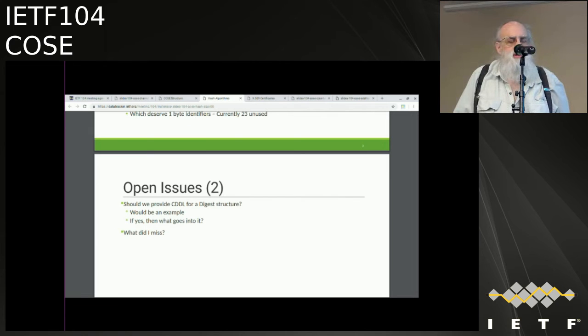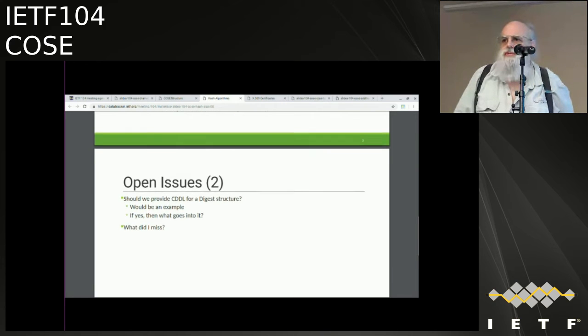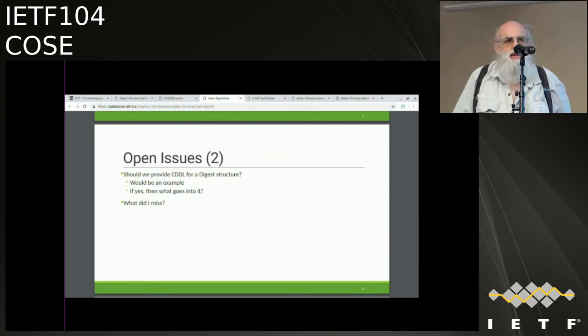I've been basically against having COSE define a hash structure, because it tends to be one of those things that depends on what other information you're using. So the question at this point is really, do we put one into the hash draft, or do we put one into the X509 draft?